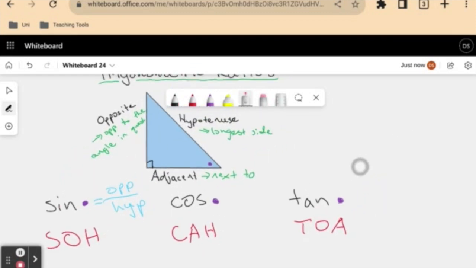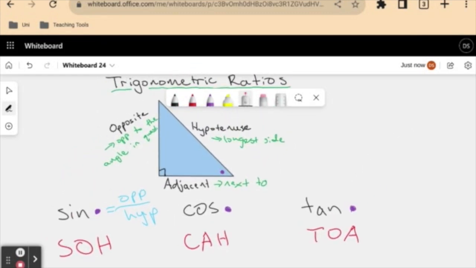So my cosine ratio, the cosine of this angle, is defined as the ratio of the adjacent side over the hypotenuse. Adjacent over hypotenuse. So let's write that. The hypotenuse.